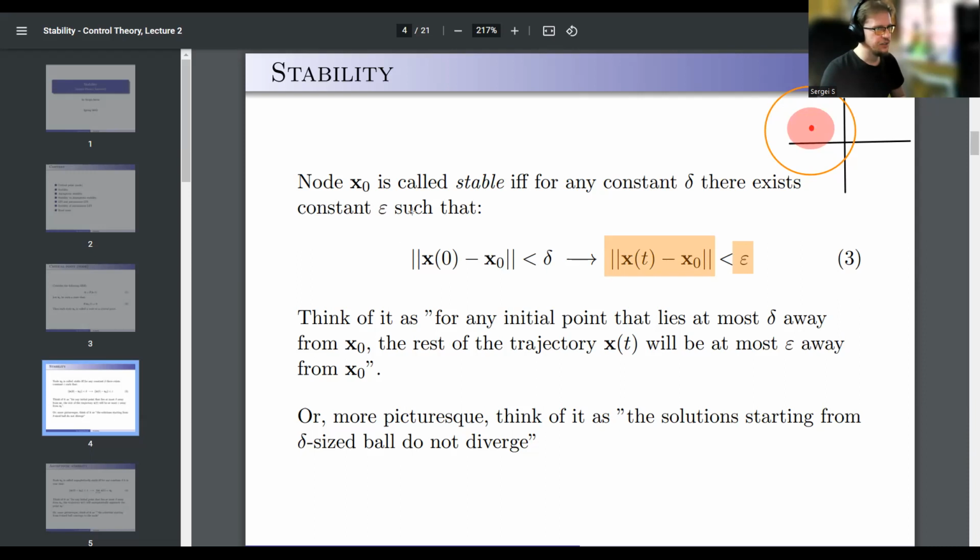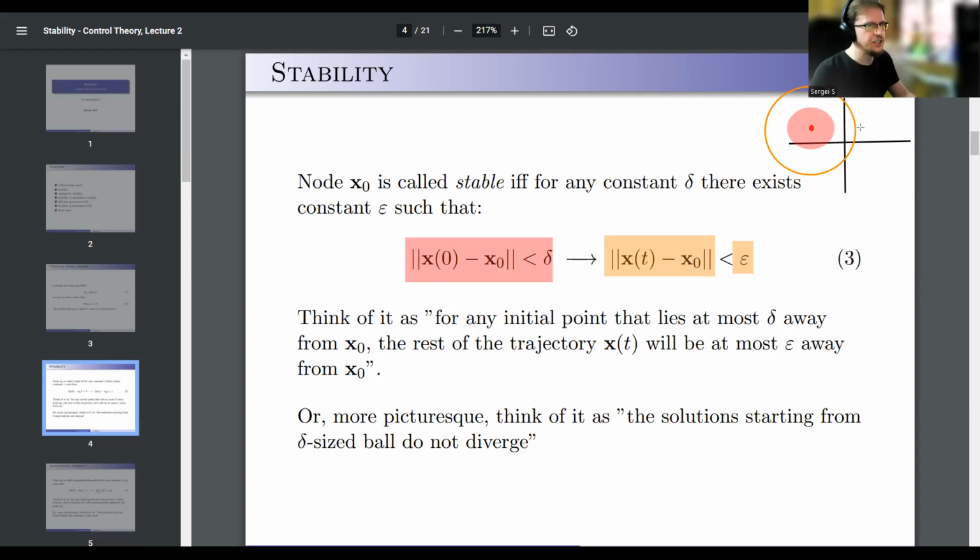What is this delta circle? Oh, this is the delta circle. Okay. So stability is the property that we do not go to infinity. That is yet another way to say it. We don't go to infinity. We can always say that as long as we start in some initial region delta, we will not exceed some other region epsilon.